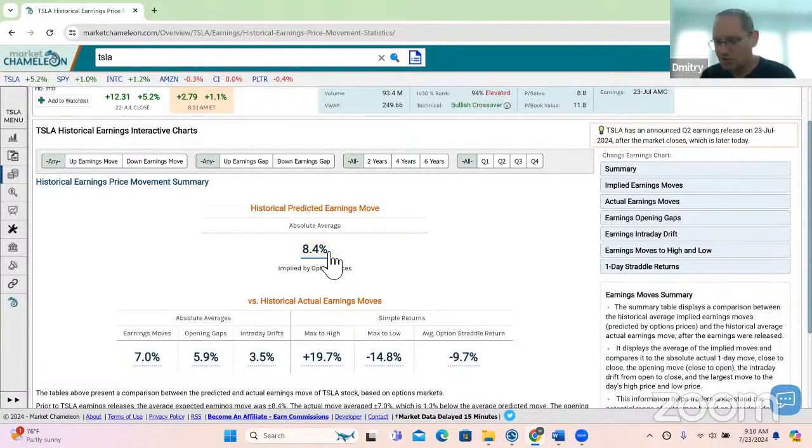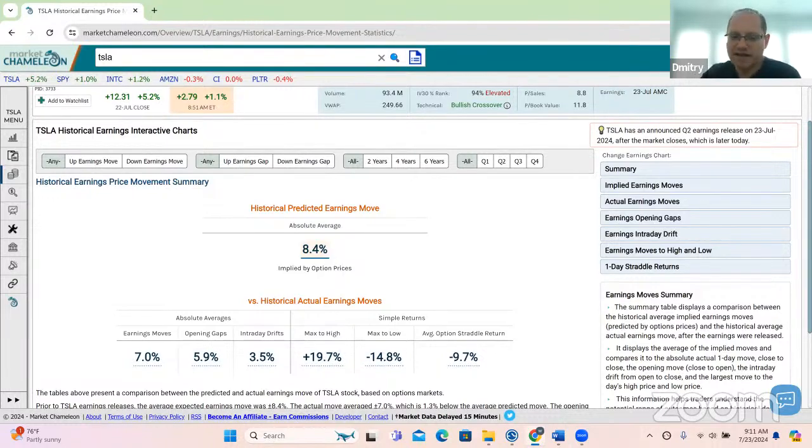So if you're buying a call for $1 and a put for $1, you pay $2, so the stock has to move by more than $2 away for that to be in the money. We show it as a percentage because in dollar terms it's not always the same, since the stock is at different places at each earnings. So we look at the percent move, and here it's telling us on average it's 8.4%.